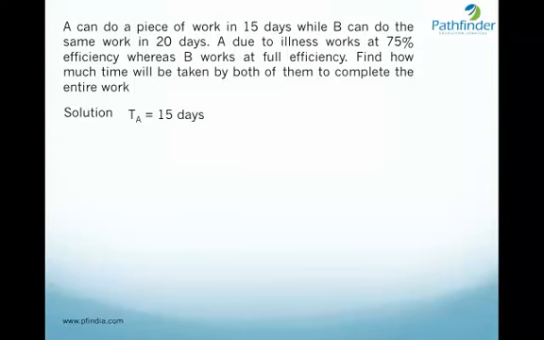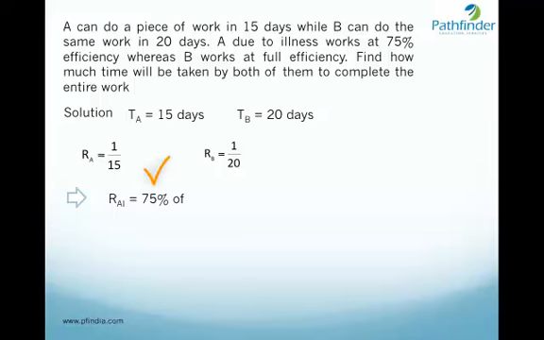Again, the time required by A is given as 15 days and time required by B is given as 20 days. Rate of A is equal to 1 by 15. Rate of B is equal to 1 by 20. Now, rate of A1, that is today's rate, is 75% of the normal rate because today A works at 75% of efficiency.